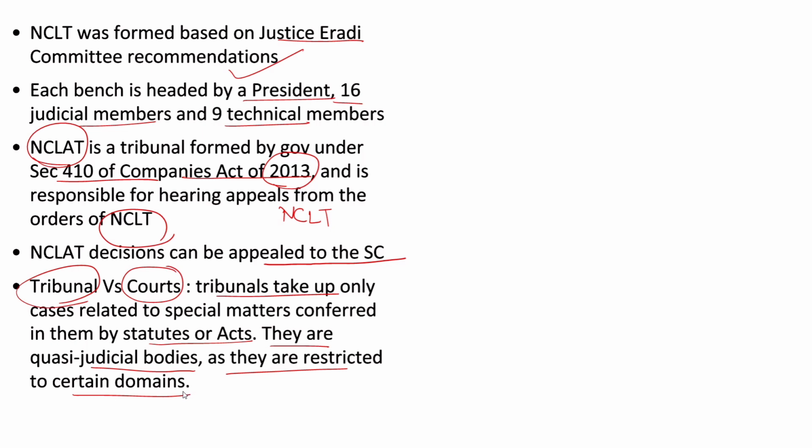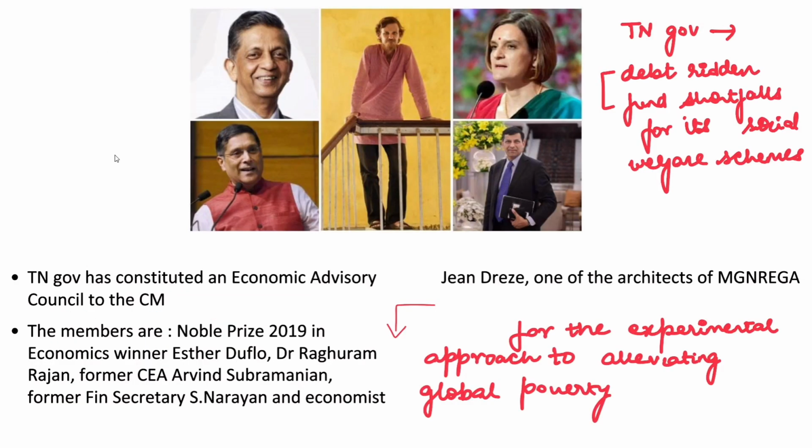This is our last article, which states that the Tamil Nadu government has constituted an Economic Advisory Council to the Chief Minister. What is interesting to see is the constitution of it.